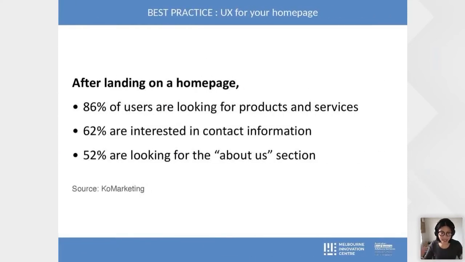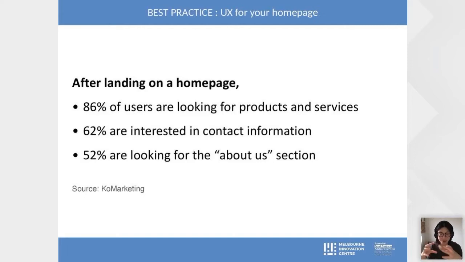And then after landing on a homepage, 86% of users are looking for products and services. So what that means is that your button for products and services need to be very prominent and clear and accessible. 62% are interested in contact information and 52% are looking for the About Us section.